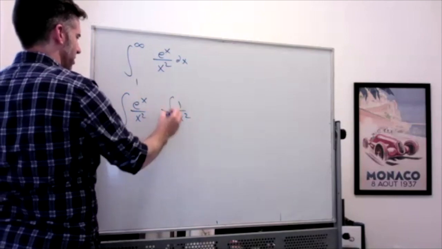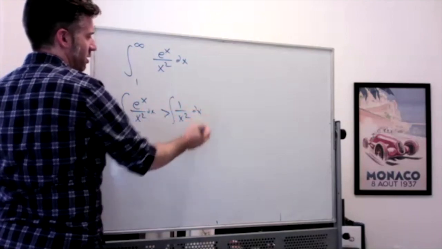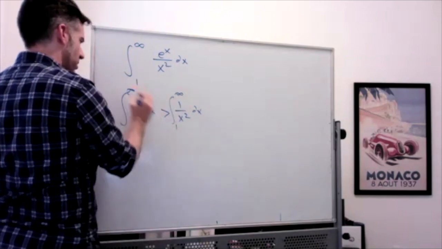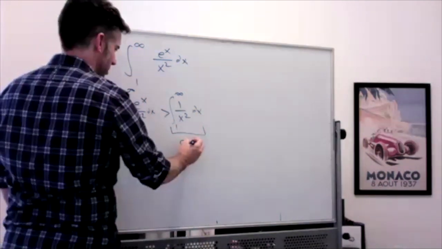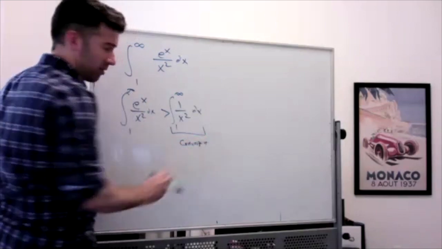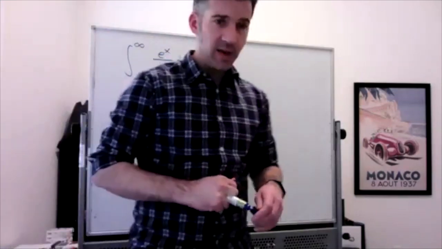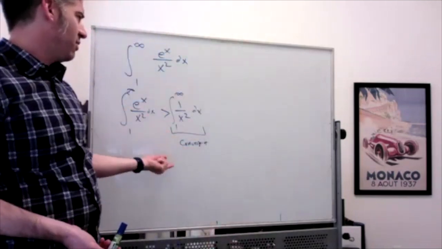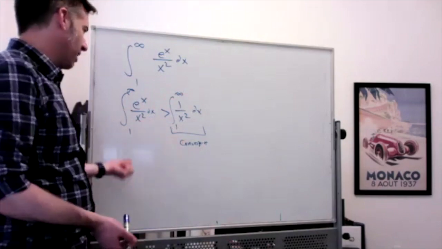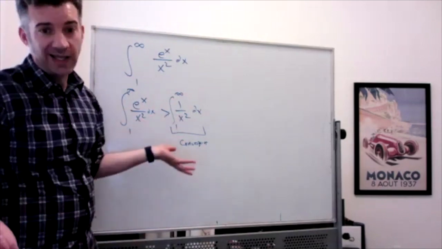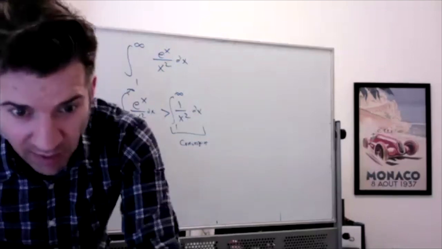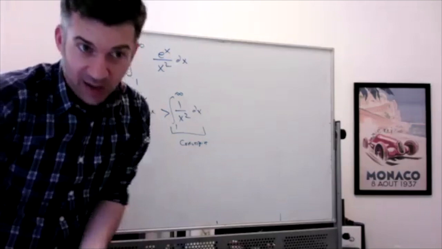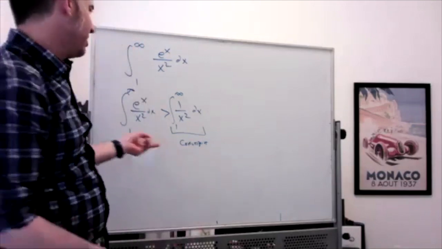But that's not helpful, because the integral of 1 over x squared from 1 to infinity is convergent, meaning that integral is finite. I'm pretty sure it's equal to 1. So this is bigger than 1. Well, that doesn't tell me much. If I'm bigger than 1, I could be 2 and convergent, or infinity and divergent. I don't actually know.